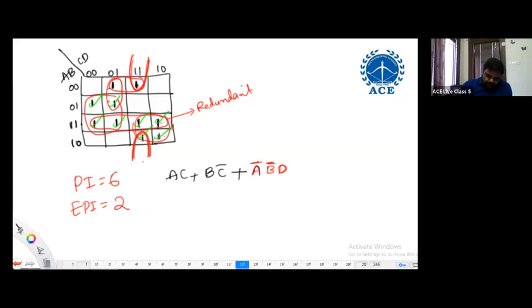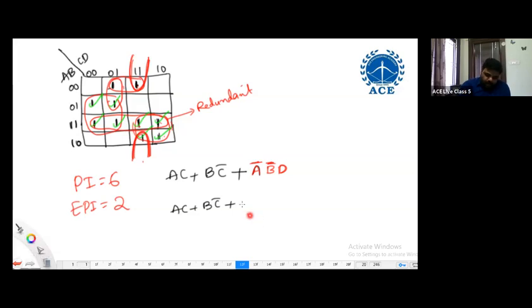Yes, Suryateja, wait. If you want to consider another possibility, what is it? This plus this. What happens here? Yes, these 2 are essential. Then to cover these 2, if I choose this plus this, what happens?